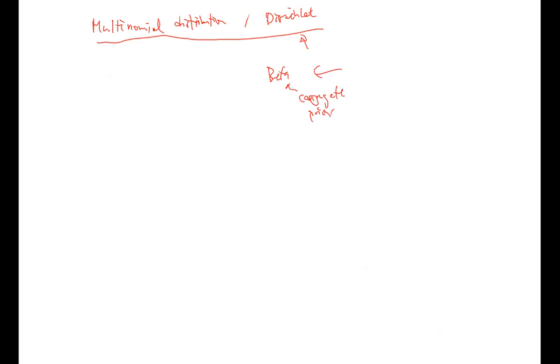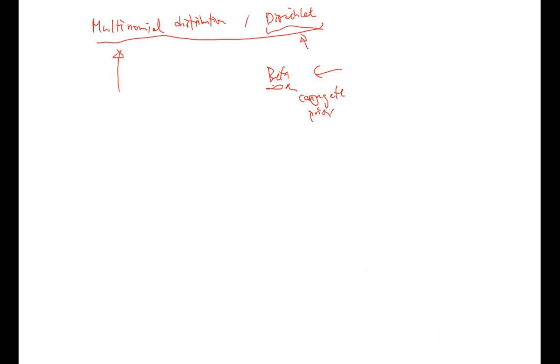But of course, in many situations, the number of outcomes will be more than two. In that case, you will encounter the multi-normal distribution, and Dirichlet is simply the extension of beta distribution, the conjugate prior for the multi-normal distribution.